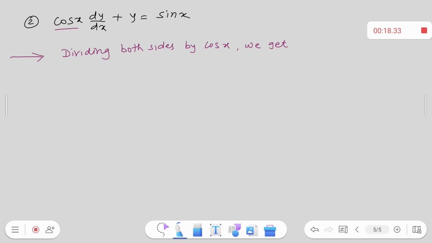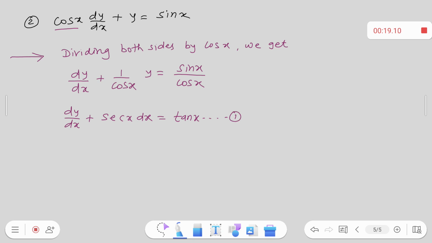So after dividing both sides by cos x, our differential equation is dy by dx plus 1 upon cos x y is equal to sin x upon cos x. Or dy by dx plus, as we know, 1 upon cos x, there is a relation between sec and cos, so it is sec x. 1 upon cos is sec x, and sin by cos is tan.